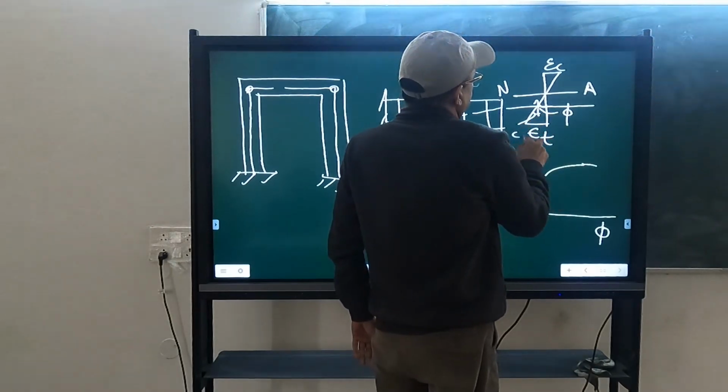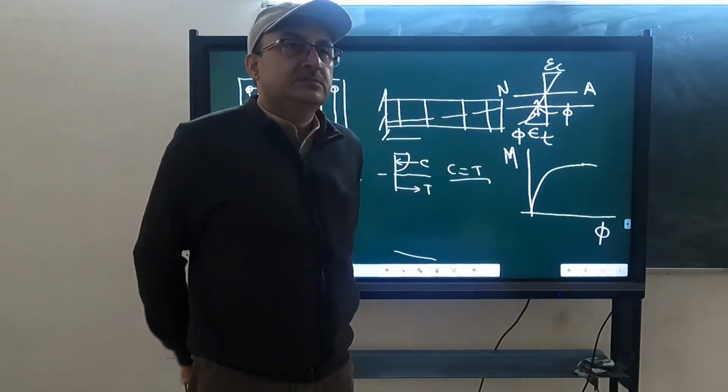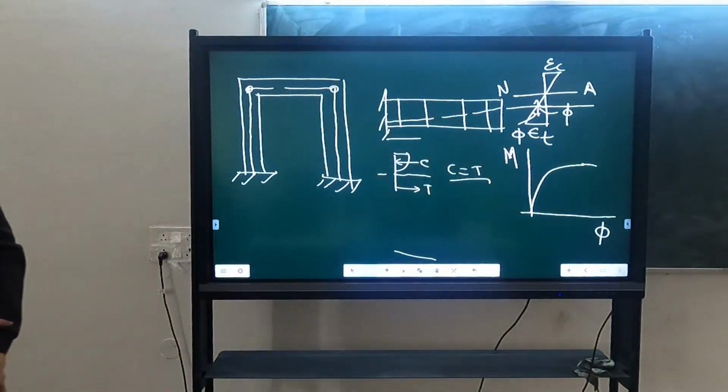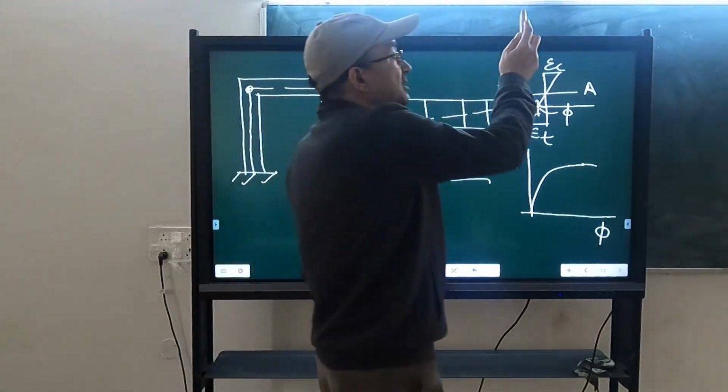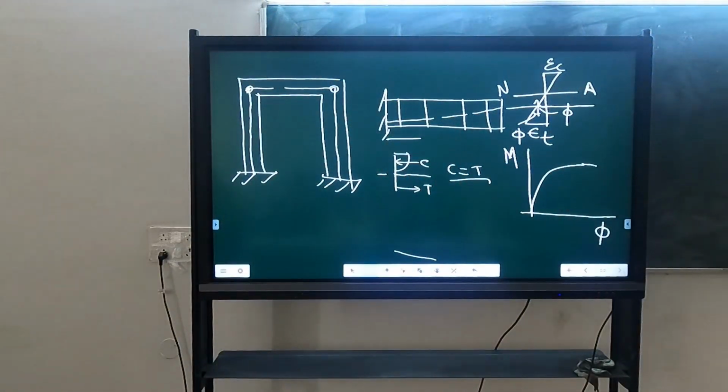This, which is the same. Okay? Because the slope is independent of the axis, as long as the strain distribution is linear. If the strain distribution is not linear, then this will not be true.